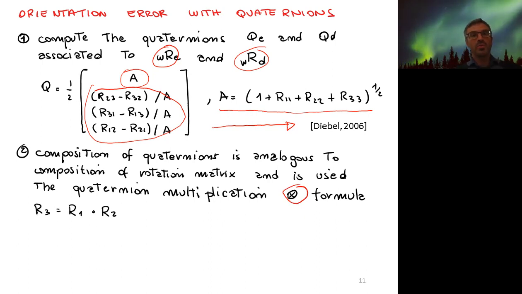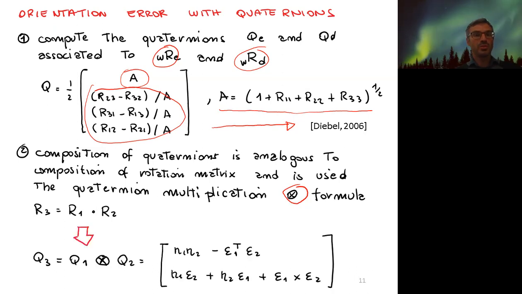For example, to compose rotation 1 and 2, the same way you compute the relative quaternions, you compose quaternion 1 and 2 to obtain the final orientation, quaternion 3. Remember, these are subsequent rotations.